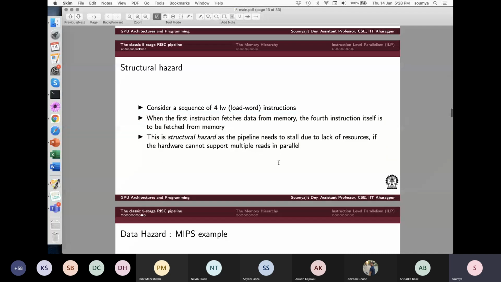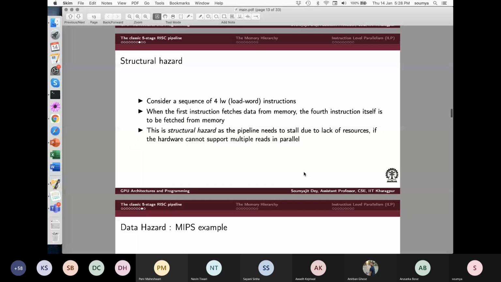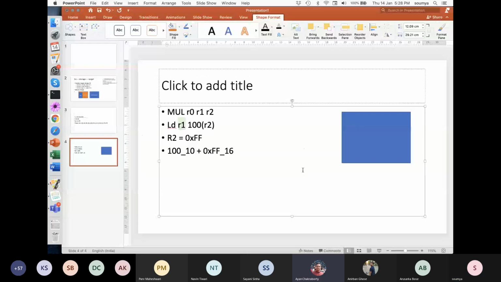Now that would mean the 4th instruction cannot really proceed as long as that memory operation doesn't get complete, right? Now let's understand why this will occur. Was this understood by people? Why is this the problem? Yes, sir. Tell me what is the problem? Sir, the instruction fetch and the memory both use the memory bank.